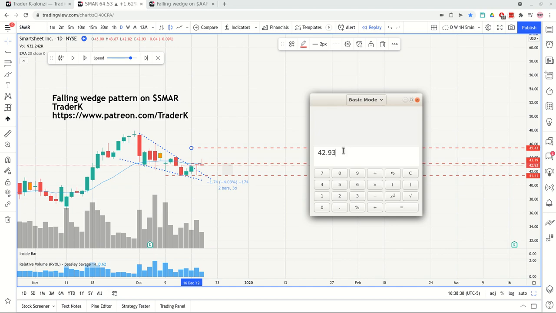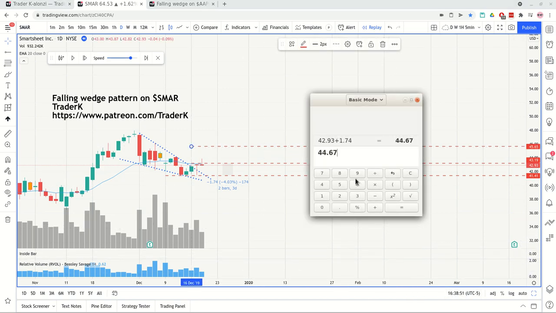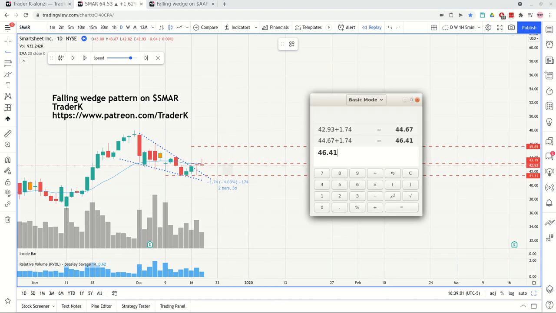I'm going to calculate how much we need. Risk unit 44.6, almost there. Okay, here's the first R, plus 1.94, and here's the second R, 46.41.